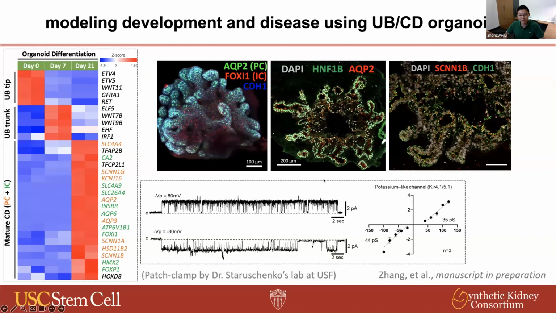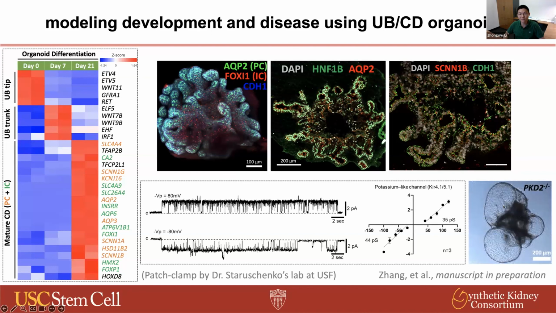So Dr. Staruschenko's lab from the University of South Florida has used patch clamp assay to record the activities of potassium channels, sodium channels, and chloride channels, all present and active in the intact connecting duct organoid, suggesting the mature and functional features of our connecting duct.